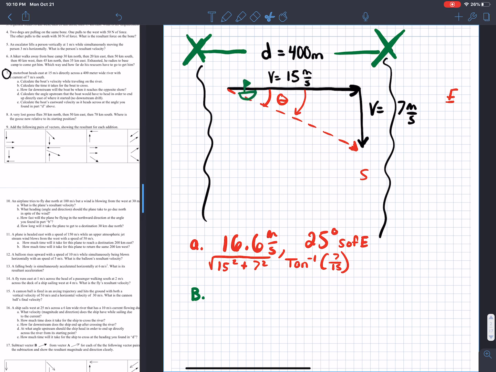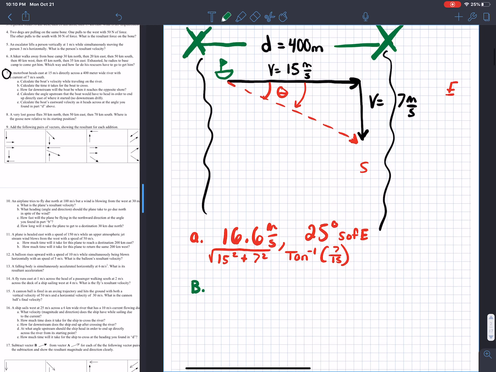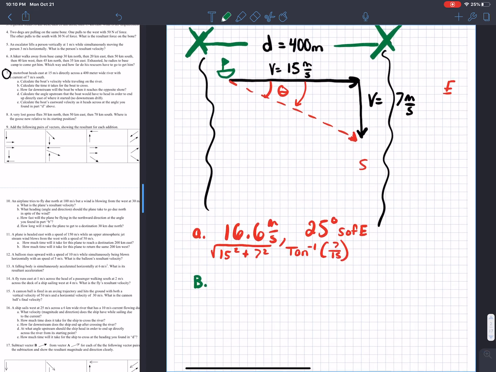After 2 seconds, 3 seconds, 4 seconds, 5 seconds, it's always going to be the same distance across the river. So we don't want to use the 16.6. We've got to use the velocity across the river. So if we're trying to figure out the time across the river, I need to go back to my kinematics formulas.